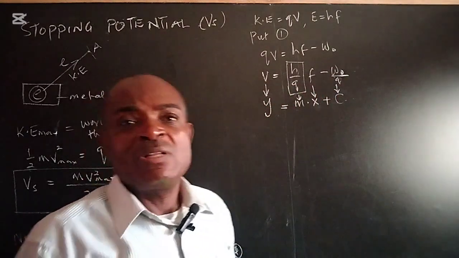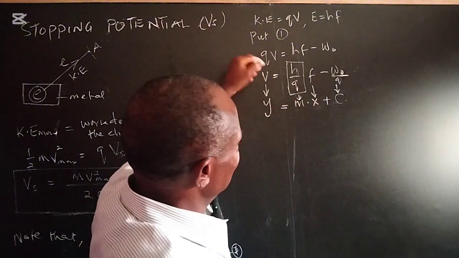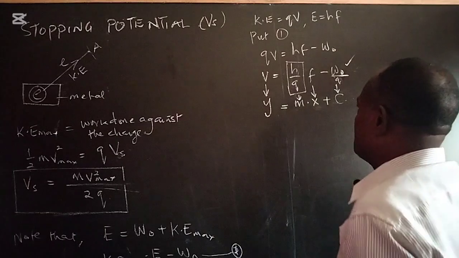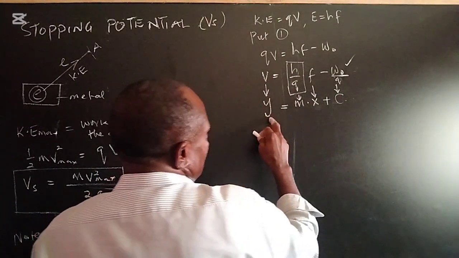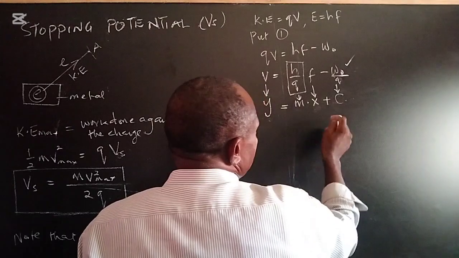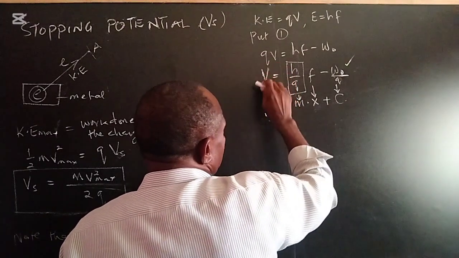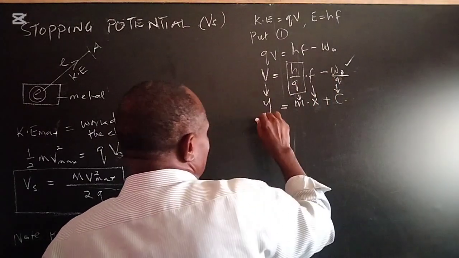With this analogy, it becomes easier for us to note that this equation that we arrive at is actually a straight line. So just like we would plot y against x every other time, we can plot the varying PD against frequency.